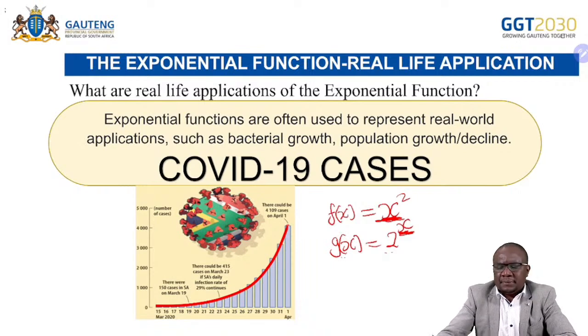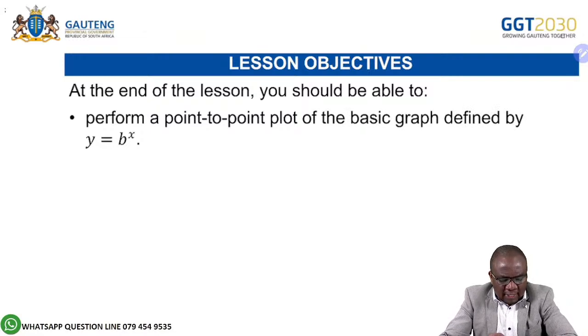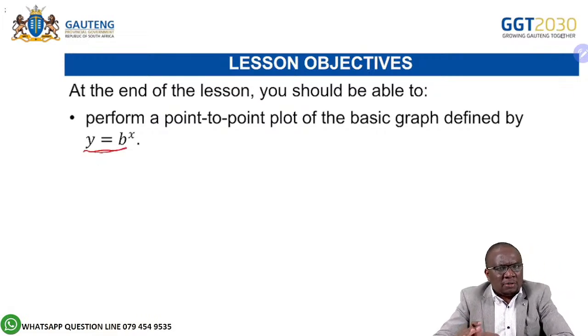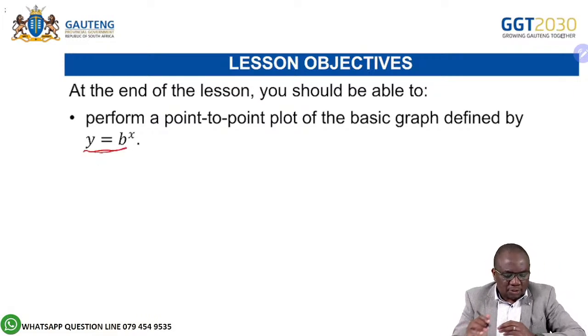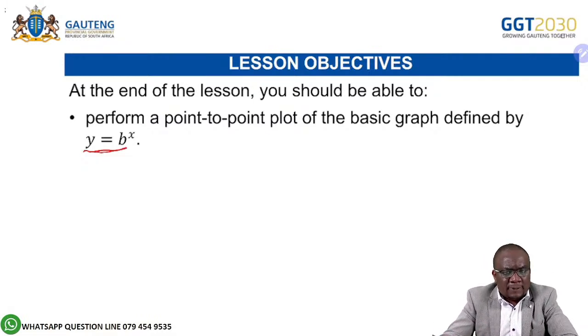Okay, right. Now, at the end of the lesson, you should be able to perform a point-to-point plot of the basic graph defined by y is equal to b to the power x. We're not going to do a lot of graphs, we're just going to concentrate on this one. And then we're going to talk about its key features.